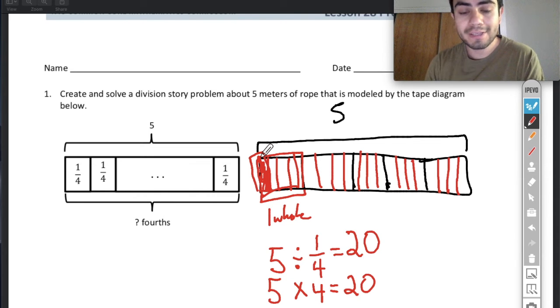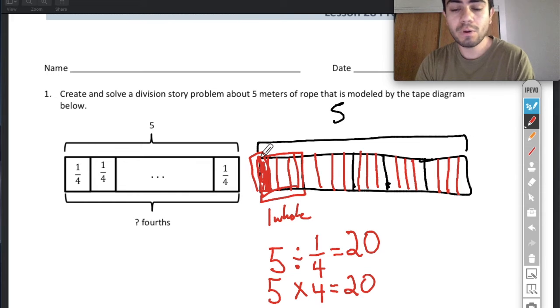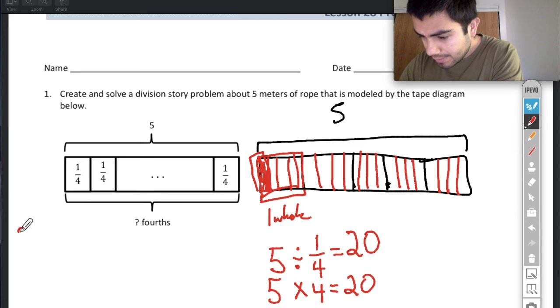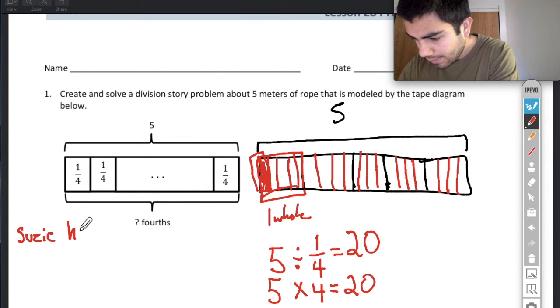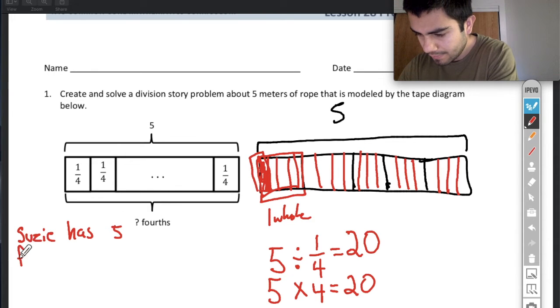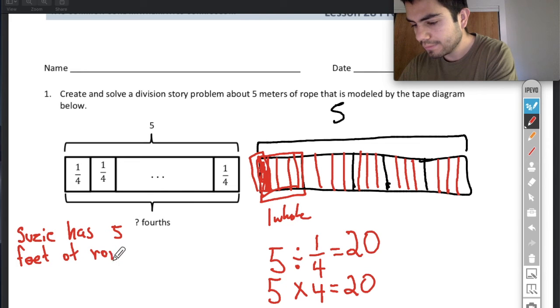But before we do that, it's asking to create a word problem for this. So what would be a real life example where you would use this? Well, we can say something like, Susie has 5 feet of rope.